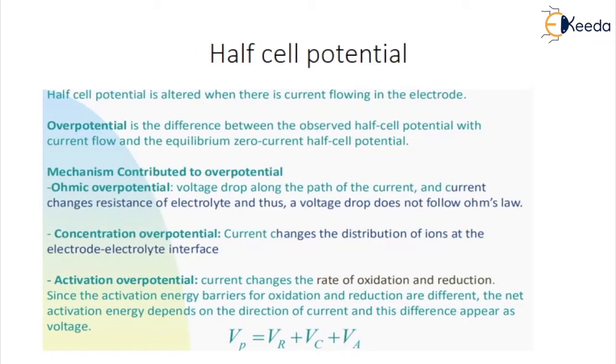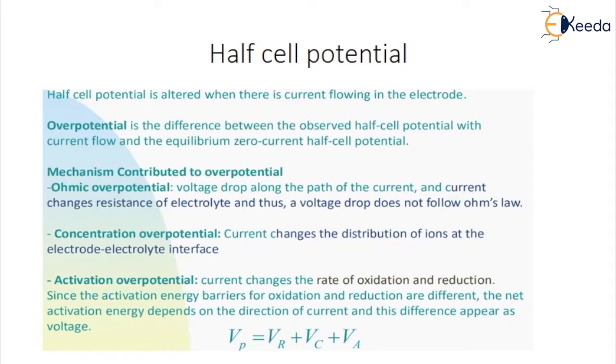Certain mechanisms separate charges at the metal electrolyte interface. This results in one type of charge being dominant on the surface of the metal and the opposite charge concentrated in the immediately adjacent electrolyte. Half cell potential is altered when there is a current flowing in the electrode.